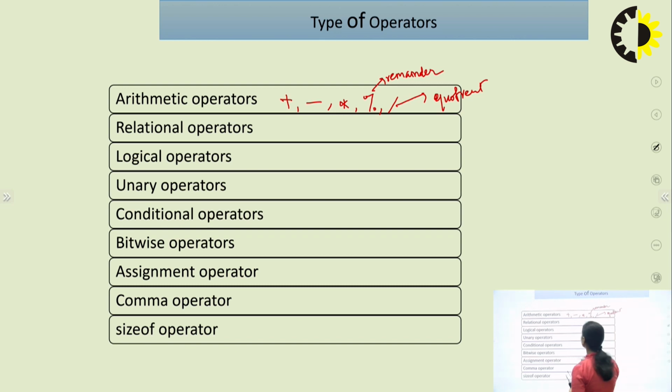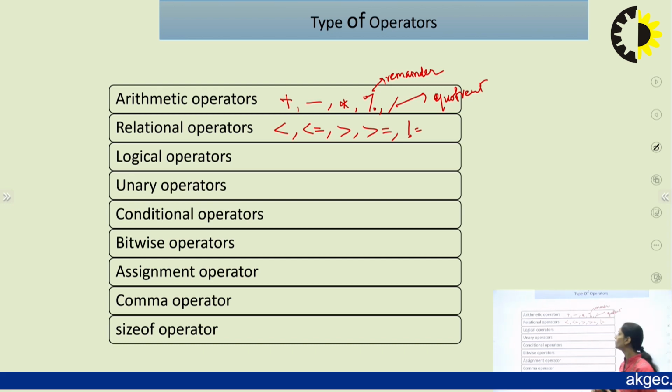The relational operators are like less than, less than or equal to, greater than, greater than or equal to, not equal to and so on. That means they define the relationship between any two operands. For the logical operators, we have logical and, logical or and the not operator. Unary operators are those operators that need only one operand to work upon.